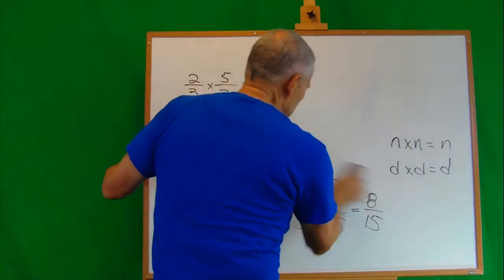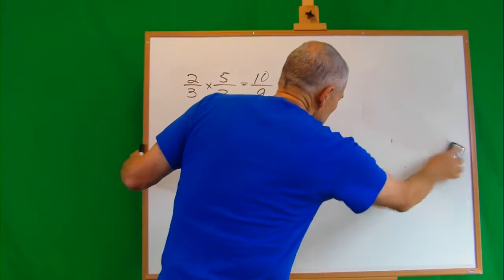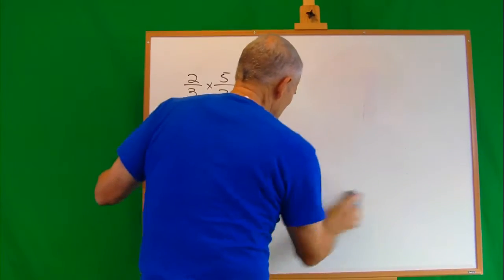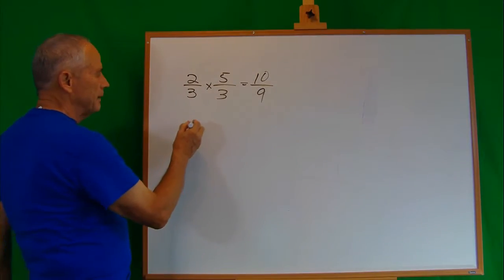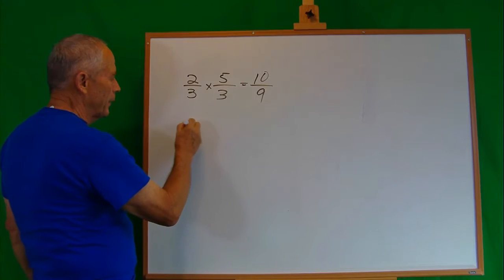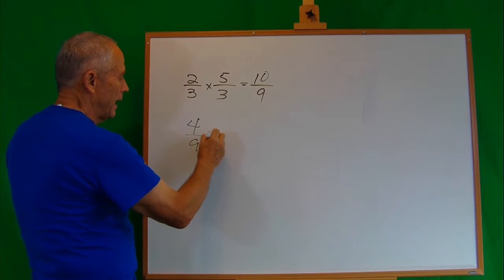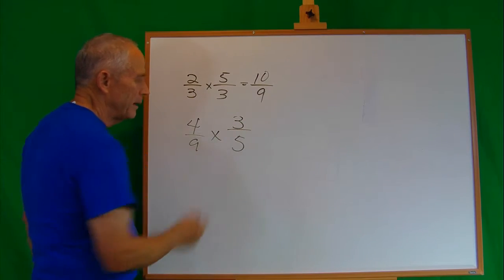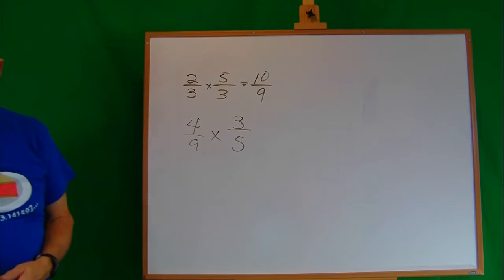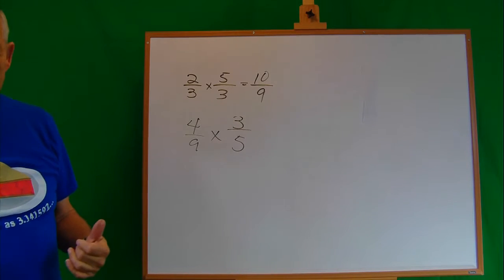Get rid of all this. If I have 4/9 times 3/5, now this is multiplication. So what's my numerator going to be?